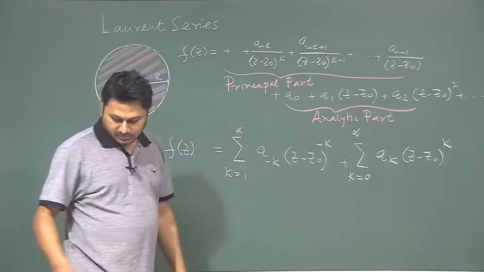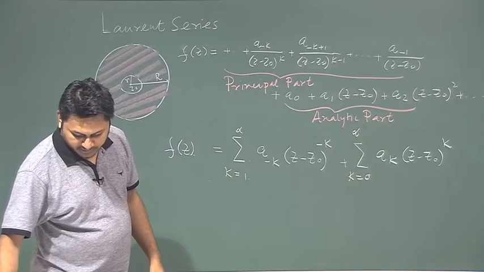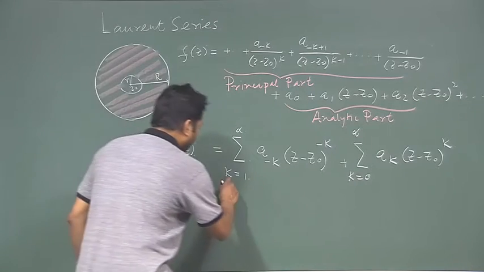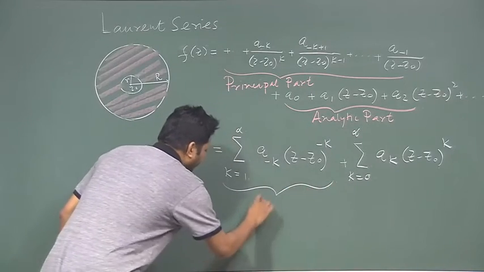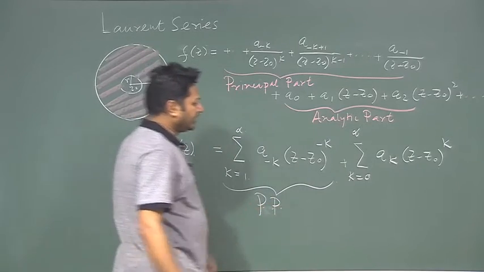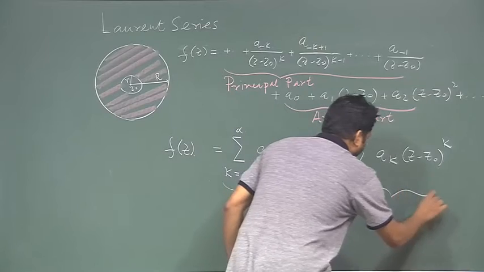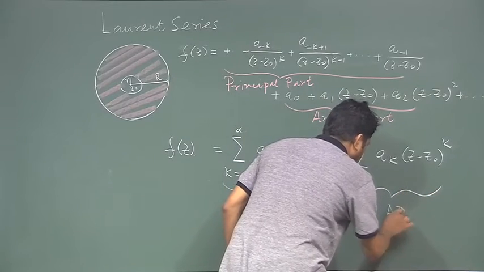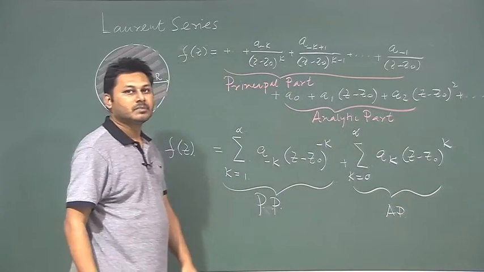So, here if I write it, this portion is my principal part, PP, and this portion is called the analytic part, AP.